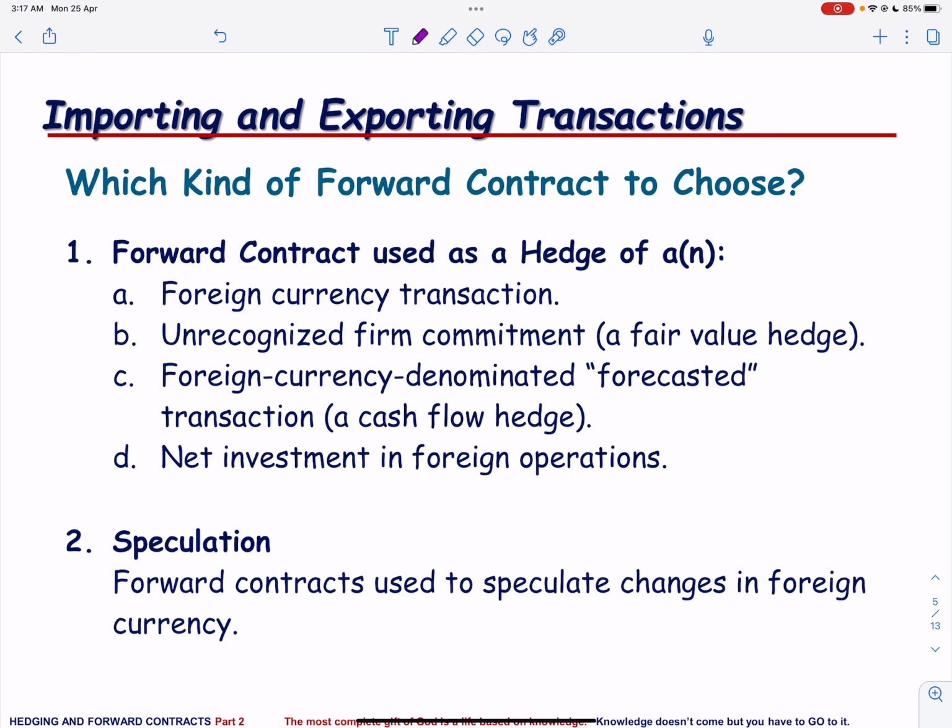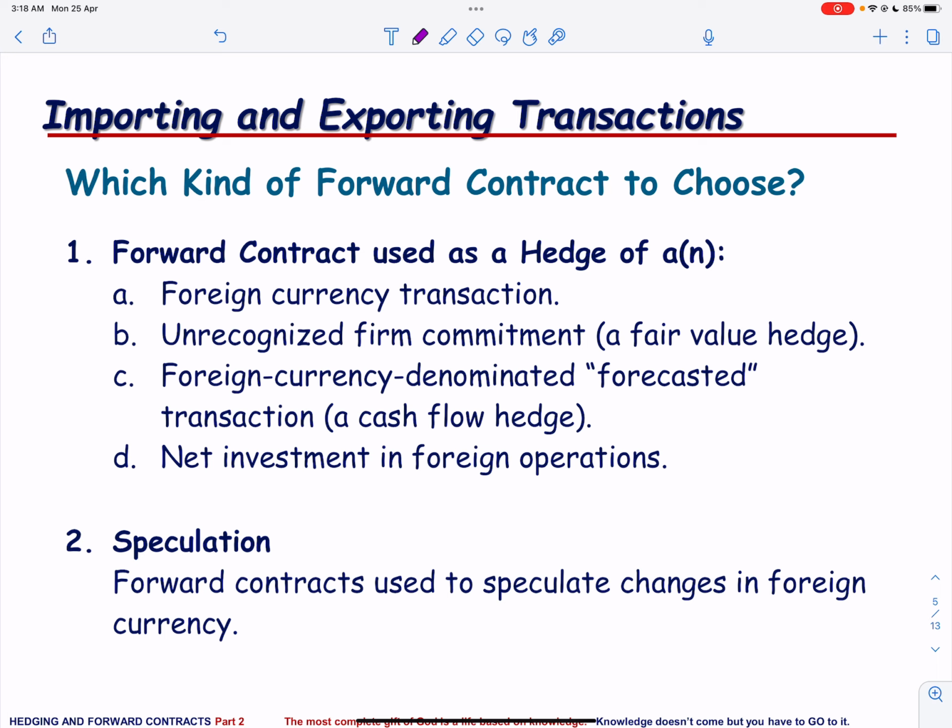There are four kinds of forward contracts that can be used as a hedge: foreign currency transaction, unrecognized firm commitment, foreign currency denominated forecasted transaction, and net investment in foreign operations. First, a company can hedge a foreign currency transaction. Second, the company can have an unrecognized firm commitment.